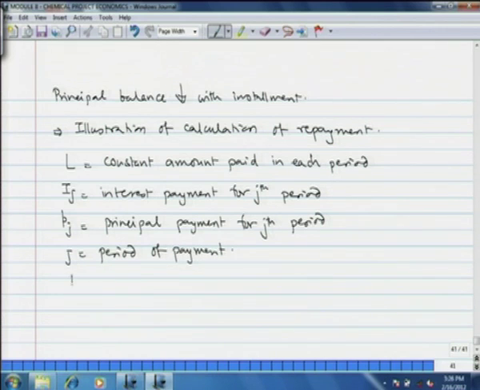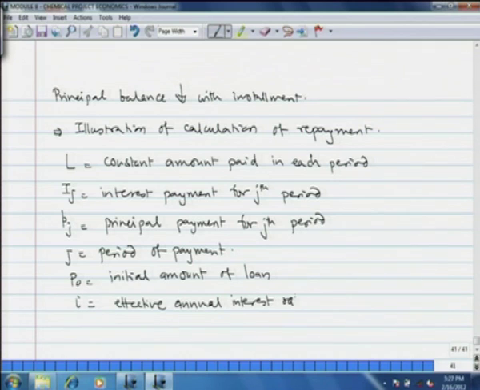P naught is the initial amount of loan. And I is the effective annual interest rate. Remember, I is not nominal interest rate, but effective annual interest. So then L is equal to Ij plus Pj.